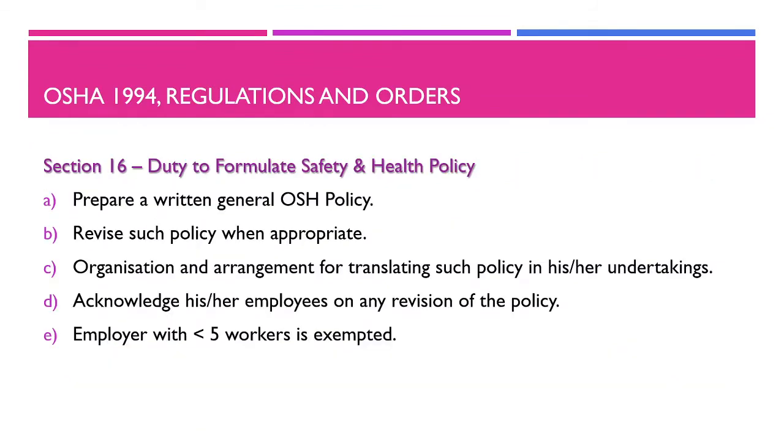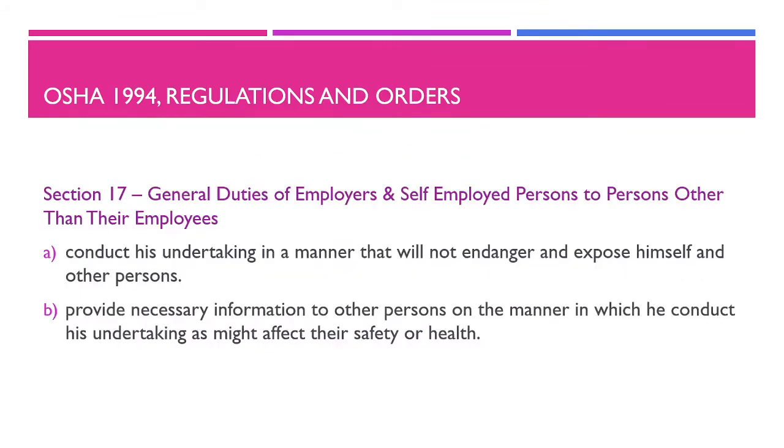Section 16 is the duty of the employer to prepare and revise a policy regarding OSHA. Section 16 is also the duty of the employer to provide necessary information to the person according to their job description.